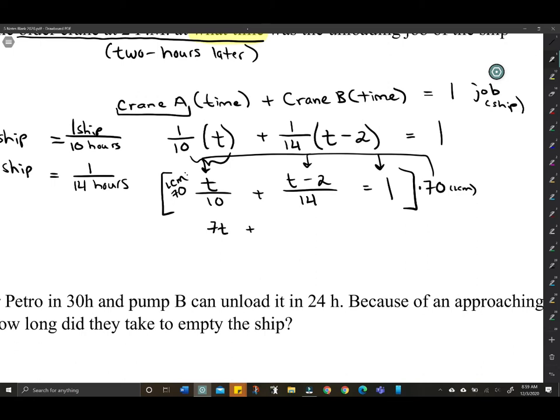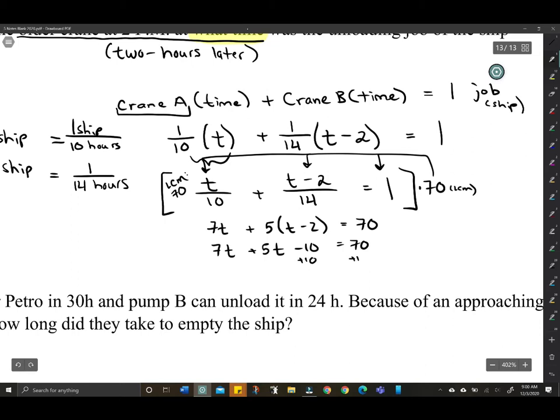Now it's going to be t minus 2 in the quantity, and then it's going to equal 70. So we just got a little bit of shaking and baking to do here. 5t minus 10 equals 70. Add 10. That means 80 is equal to 12t. And we'll divide by 12.